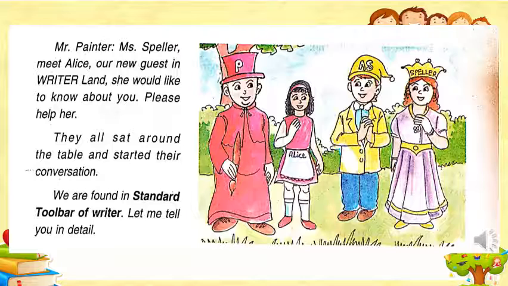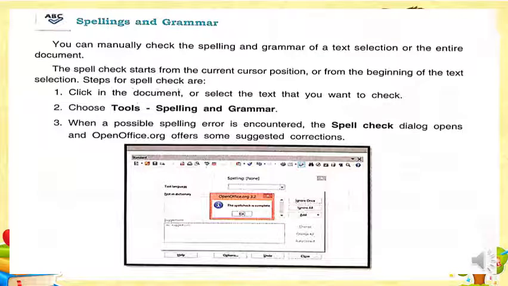We are found in the standard toolbar of Writer. Let me tell you in detail. So let's see what spelling and grammar does. You can manually check the spelling and grammar of a text selection or the entire document. The spell check starts from the current cursor position or from the beginning of the text selection.